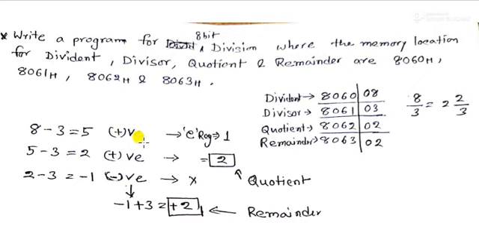This is the vital, the main task you have to perform here. So I'll give you a hint: you will perform the subtraction program, the 8-bit subtraction and the 16-bit subtraction. You will perform these two.